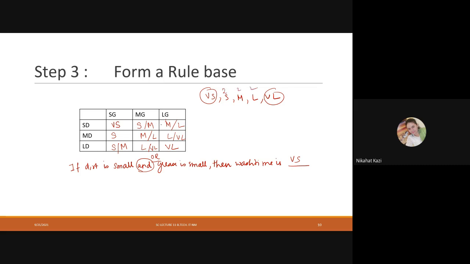Accordingly I decide the distribution, so that in my rule base there is some proportion of every descriptor. Here, it is my intuition and some logic that I'm using, I will make this medium because grease is medium.